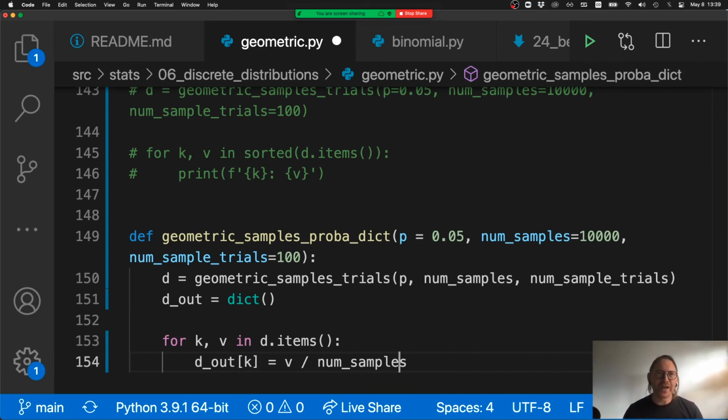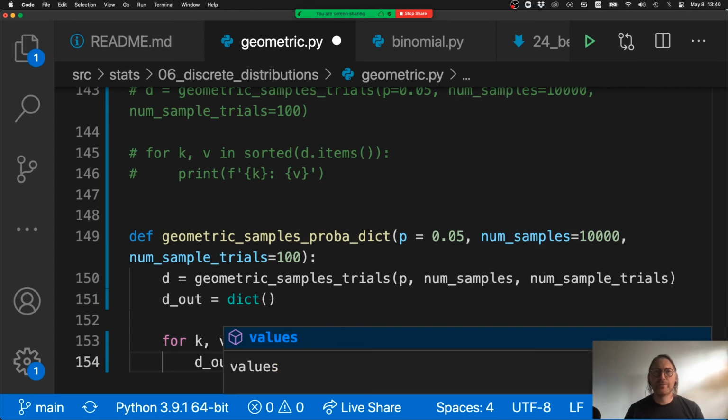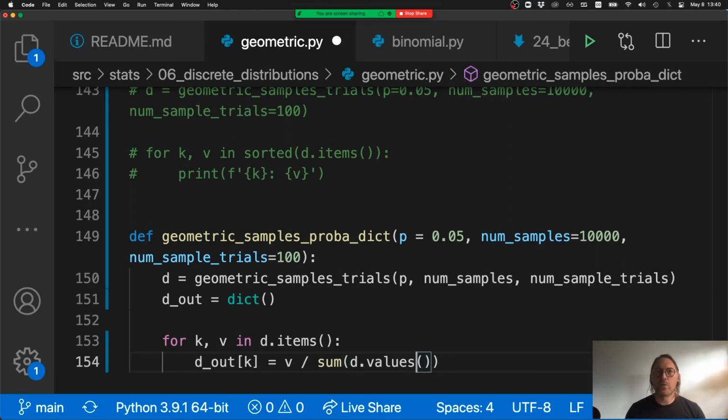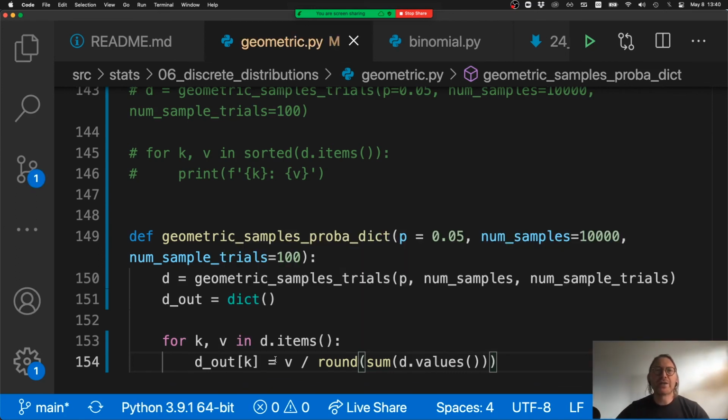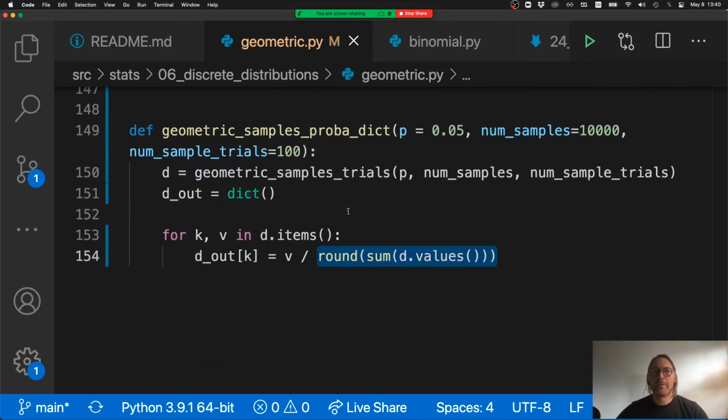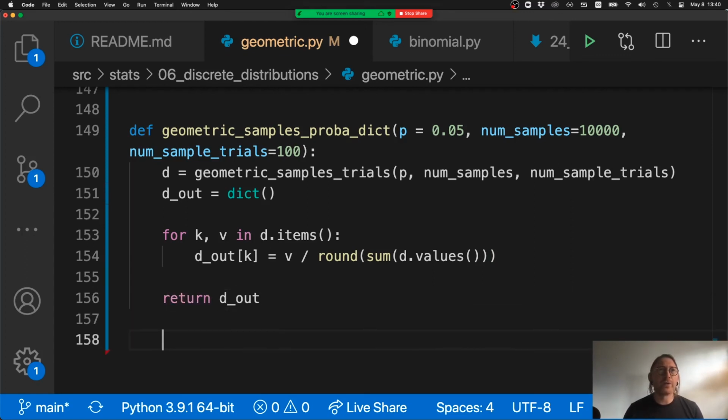What might make more sense is to sum d dot values and round that. I think that's actually a little bit better, given what we're looking at. Okay, so this should get us a probability.